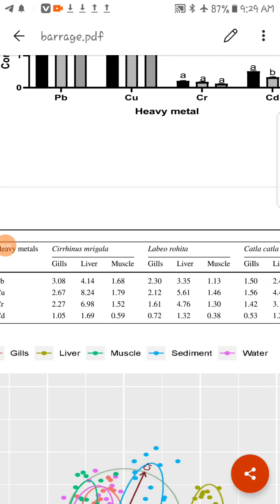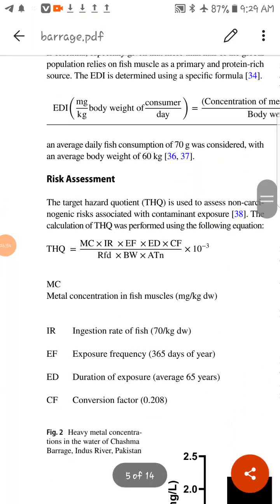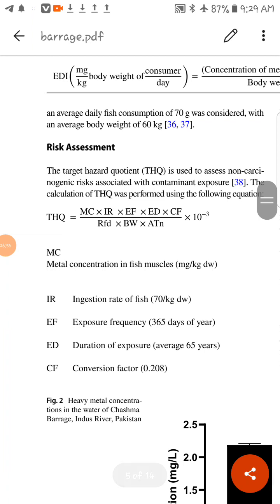So 1.68 is substituted here, MC, that's one, MC is 1.68, and IR, which is 70 kilogram, EF, which is the exposure frequency. Some researchers believe that you don't get exposed to soil every day, but here the author says it's 365, but the one I used is 350, which might be true, especially for adults.